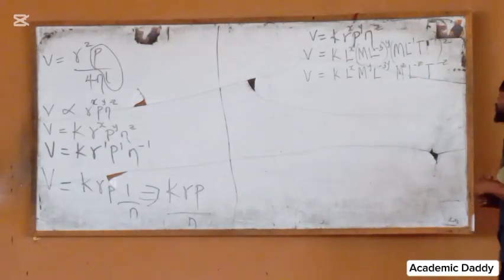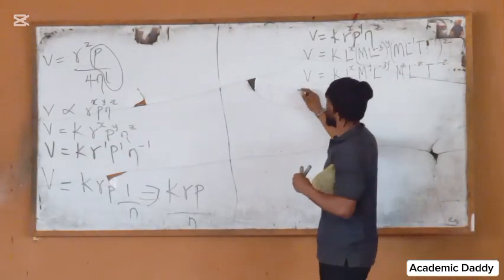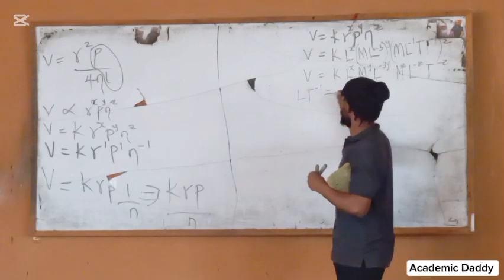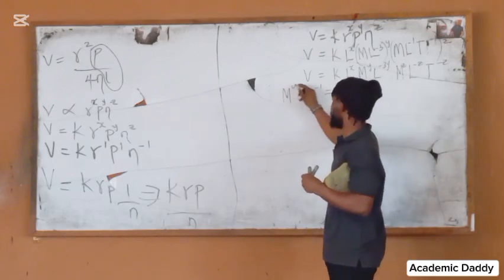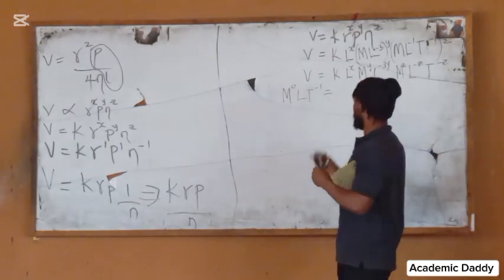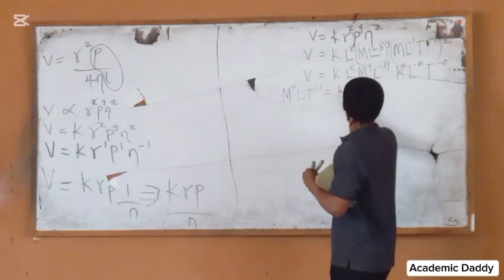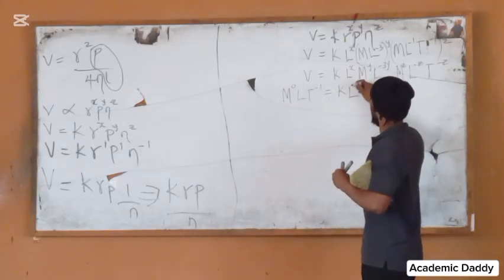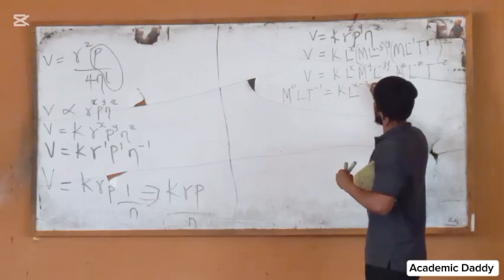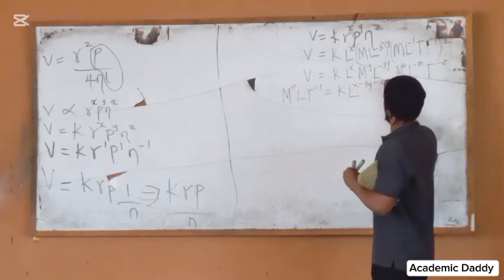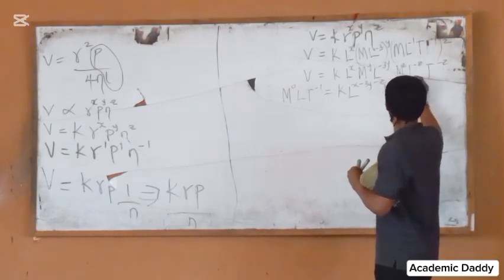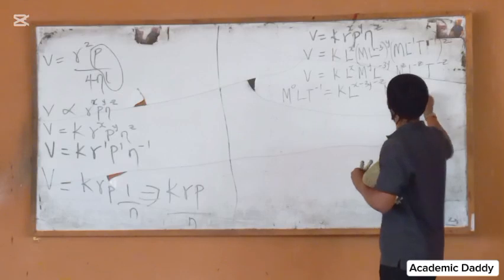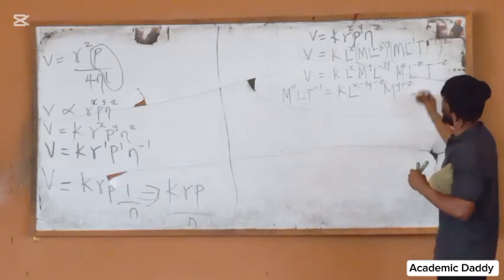This one is the same as saying L T minus 1 equals to, so you know that this can be the same as saying M raised to power 0. Then I now have K. At this point, I want to collect like terms. So L: x minus 3y minus z. Then I have M: y plus z. Then what about T? Is only one T I have.